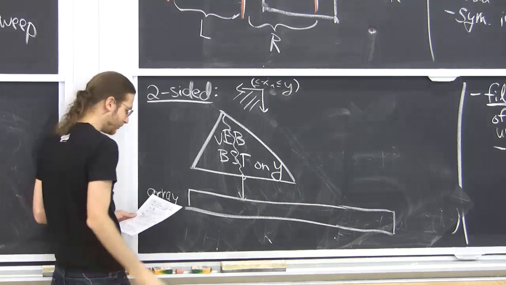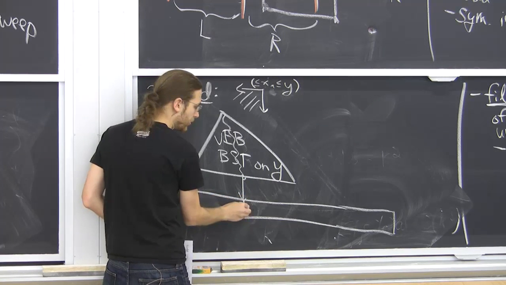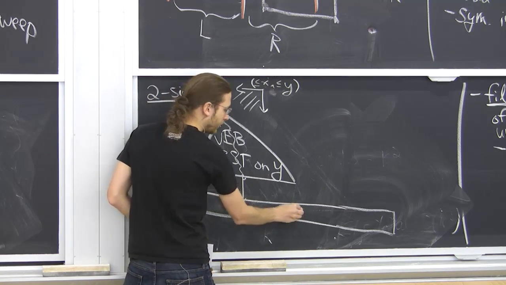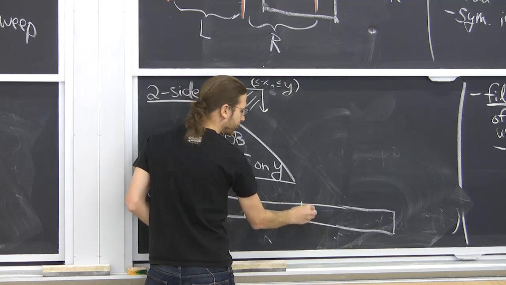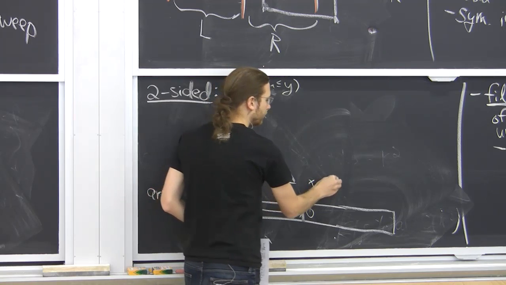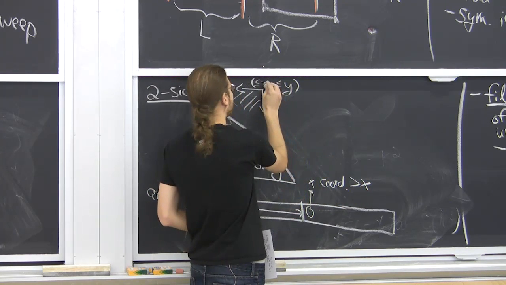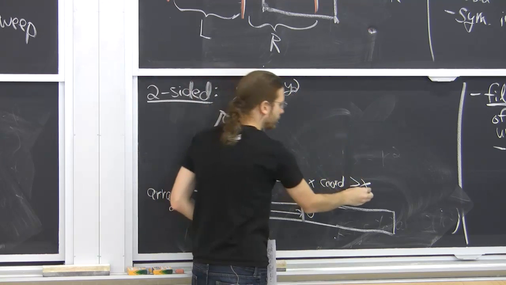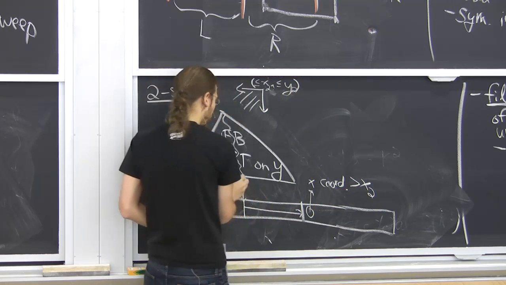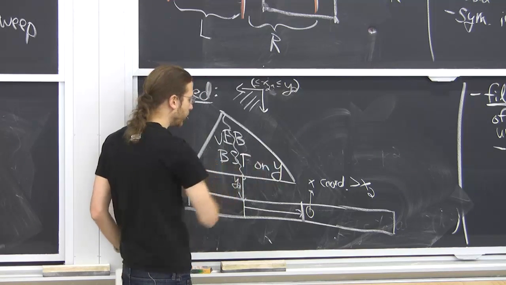And then here's the algorithm you follow. I should probably call the query point x2, y2. So first you search for y2 in this thing keyed by y.